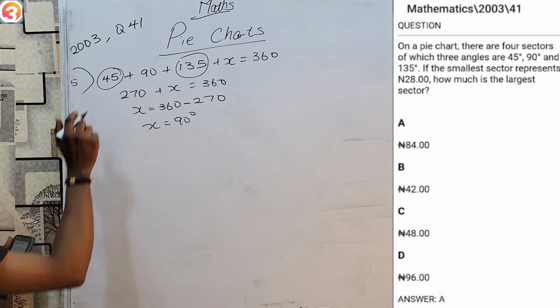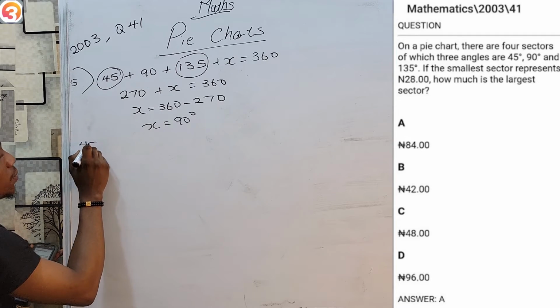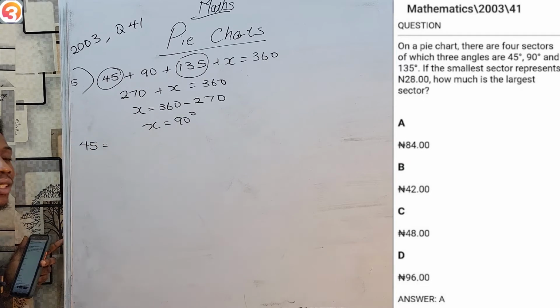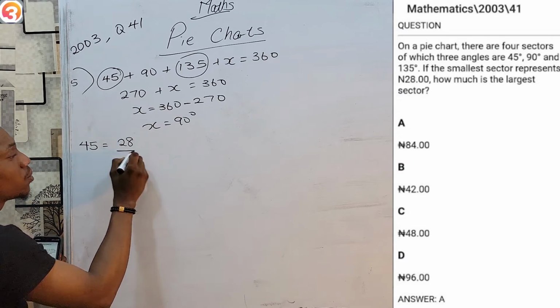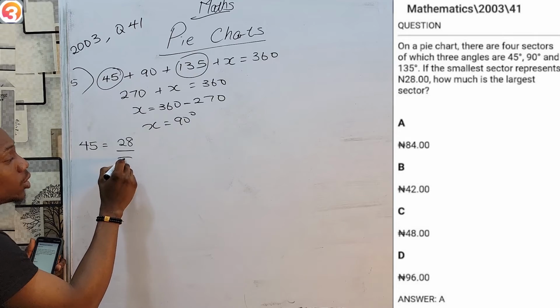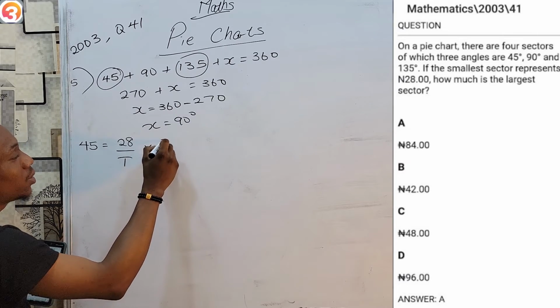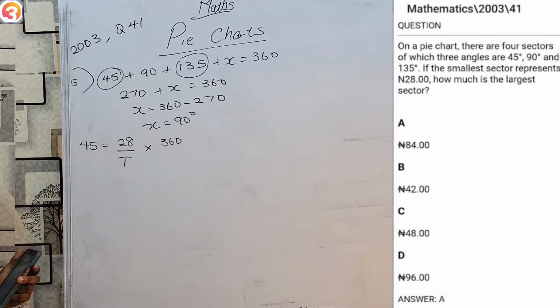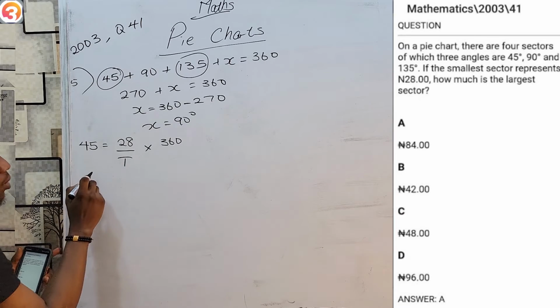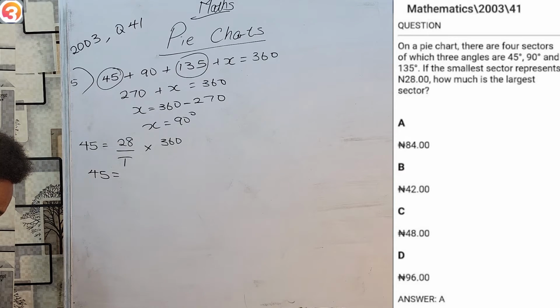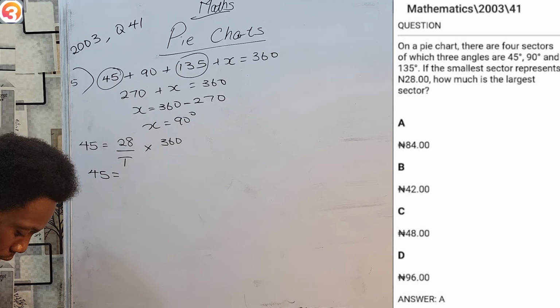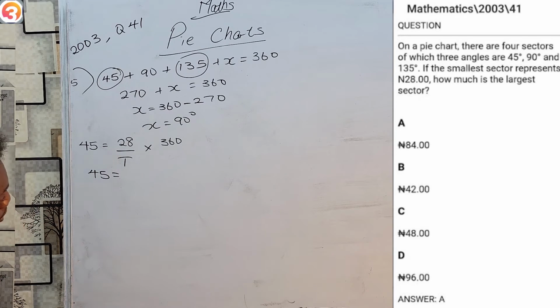Let's see. Using the smallest one first of all, 45 equals the amount it represents, which you have been told is 28 naira, over the total amount which you do not know. So let's call that T, times 360 degrees. Okay, let's multiply. 45 will be equal to 28 times 360. Okay, I just have to open my calculator here and do that multiplication. So in my calculator, I'm pressing 28 times 360.